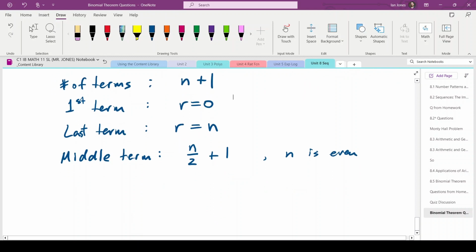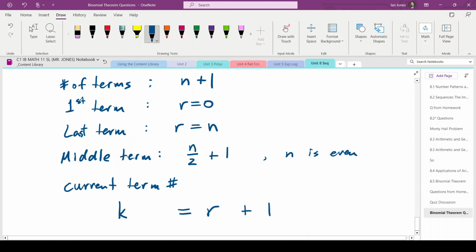As mentioned before, the current term number, which we will use the letter K for, is always equal to r plus 1. This can be very handy, especially if you're the type of student who likes formulas.